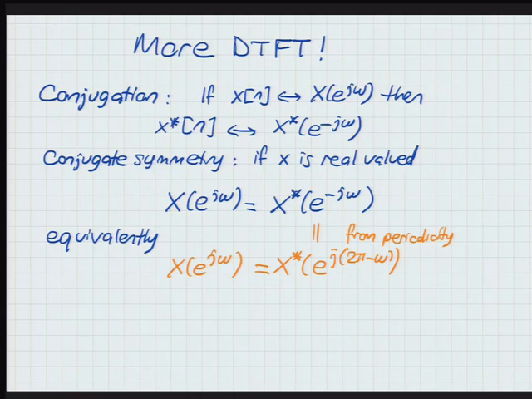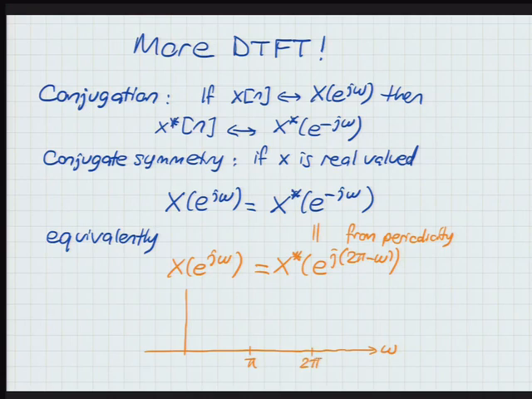All that this says is that since we usually look at the DTFT from 0 to 2π, and there's no special reason for it, you can look at it from negative π to π. It's periodic. You can look at it over any interval of 2π. But so far, we've done it from 0 to 2π.